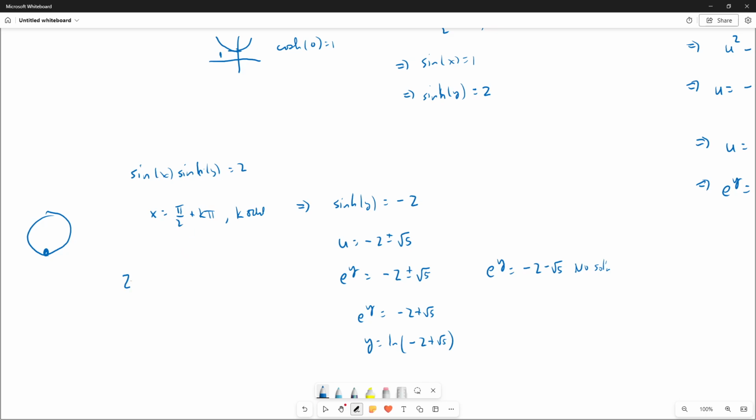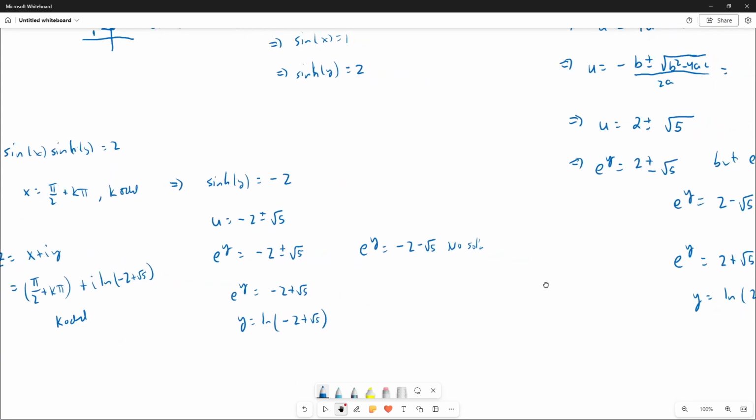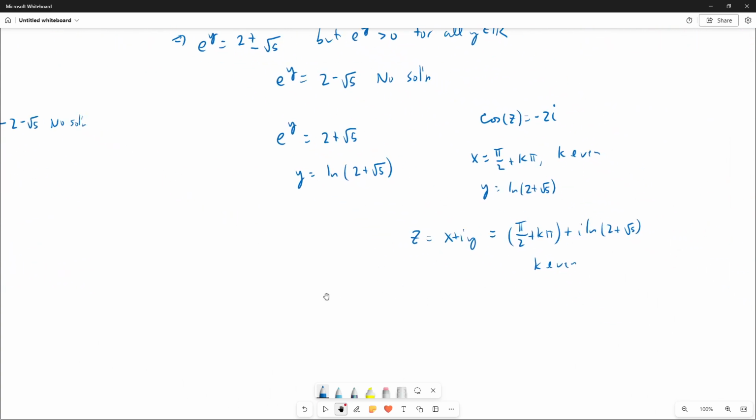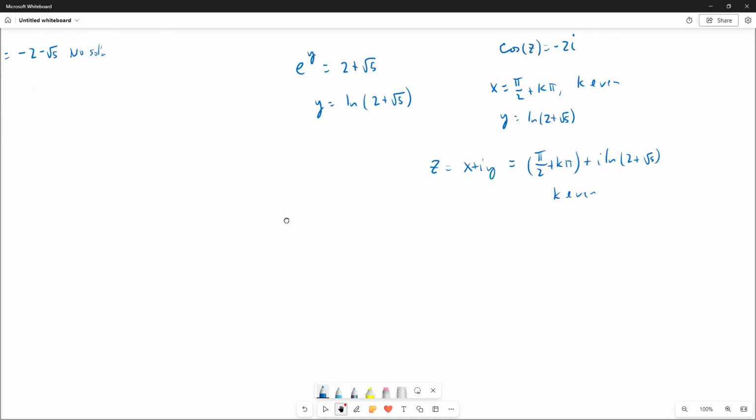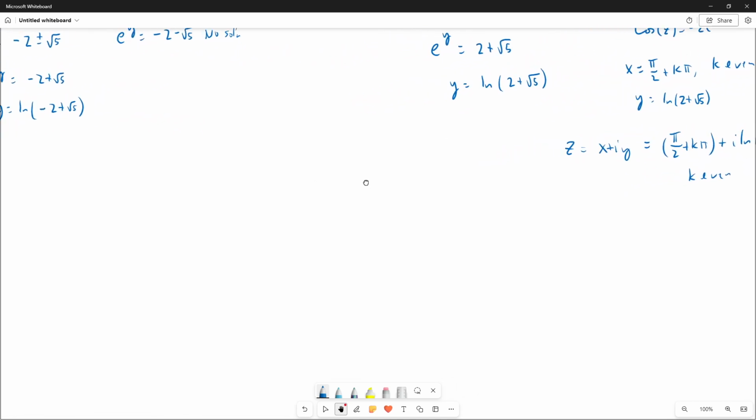So our z in this case is x plus iy, and the x is pi over 2 plus k pi, where the k is odd, and the y is log of negative 2 plus root 5. So all of our solutions together, if we just take these and put them together, then that's all solutions.